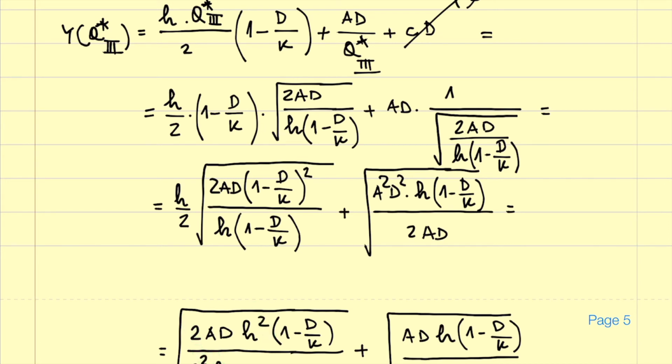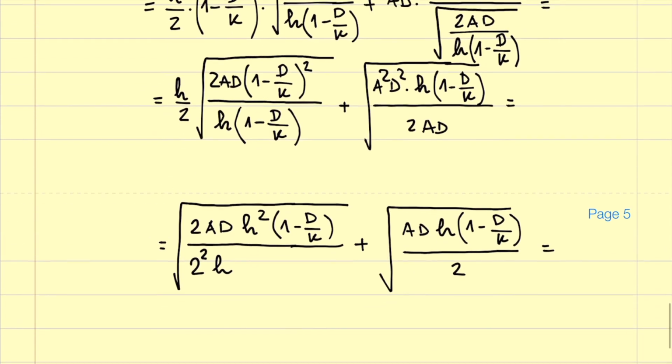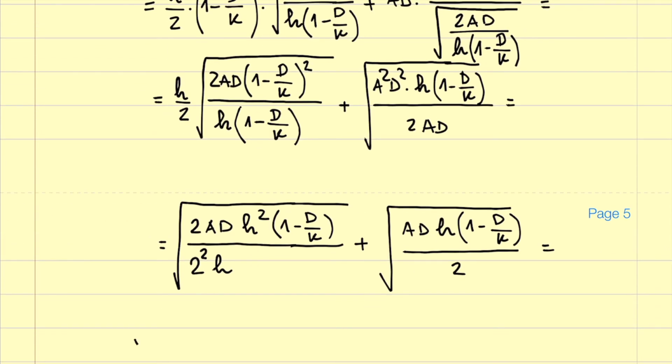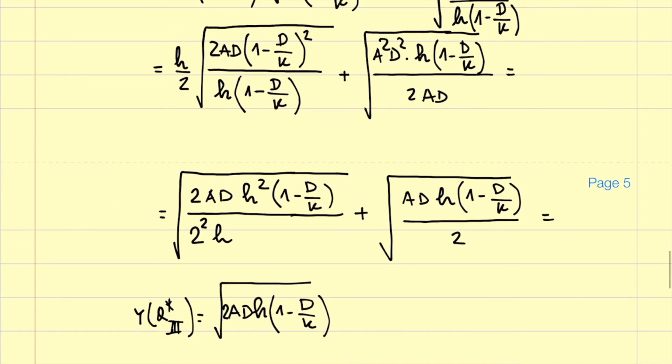So in the end we have that our optimal level of cost equals, sorry, 2ADH times 1 minus D divided by K.